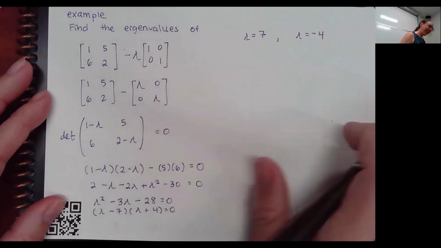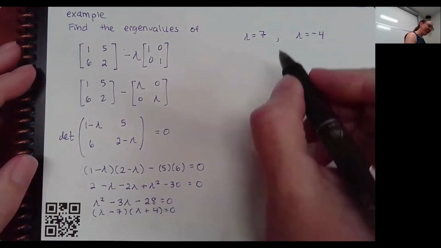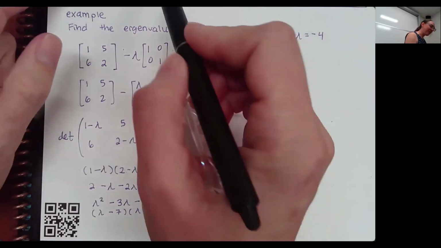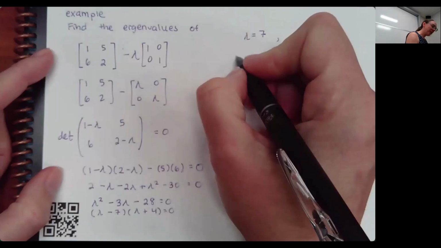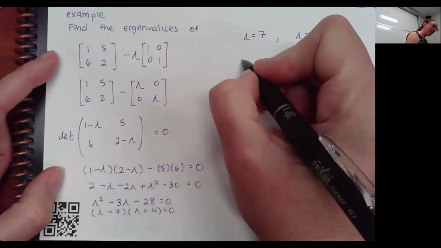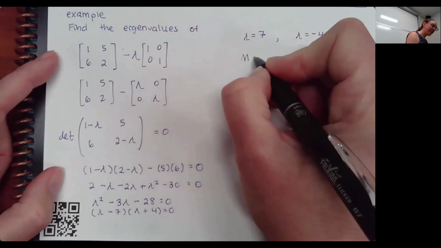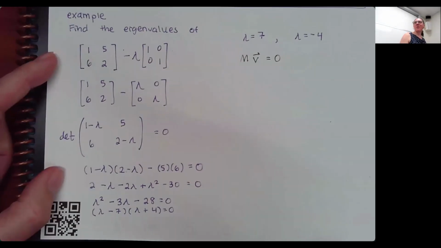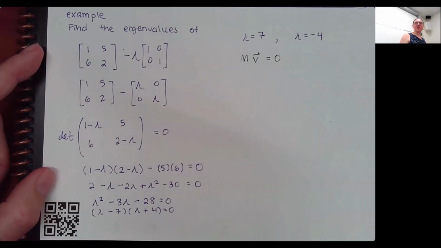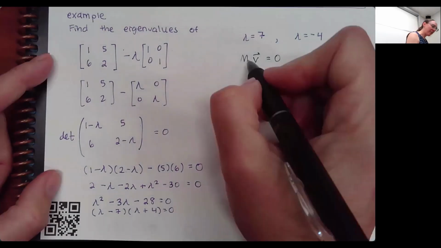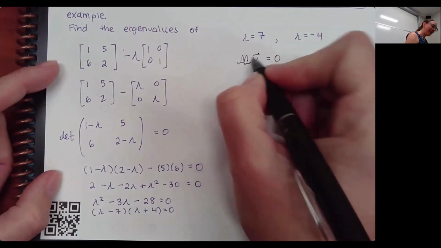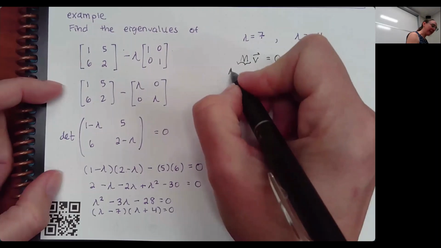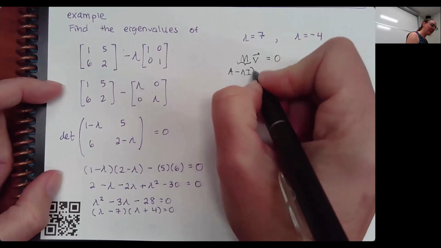So yesterday in lecture, we saw taking this back to the version where we had our matrix times the eigenvector equal to 0, and then going ahead and writing that out as a system of equations. Reminder that this matrix M is that A minus lambda I matrix already.